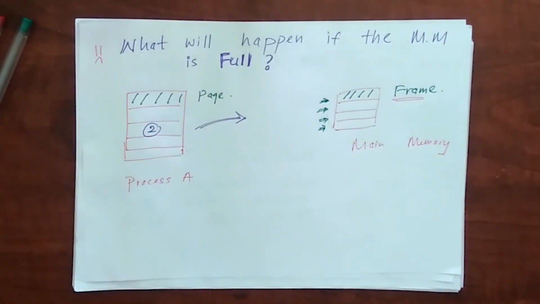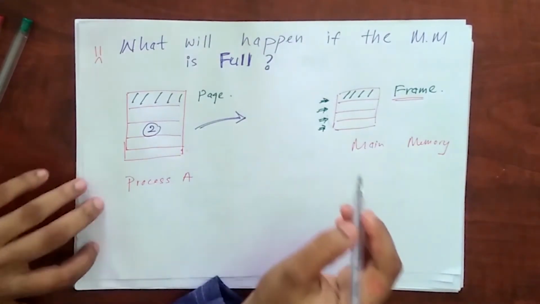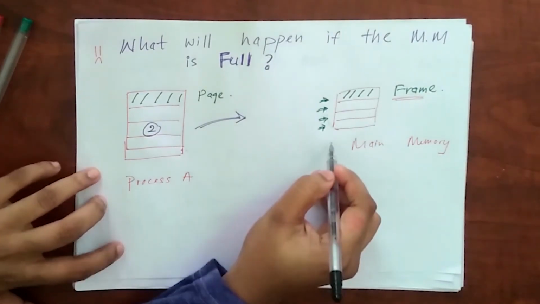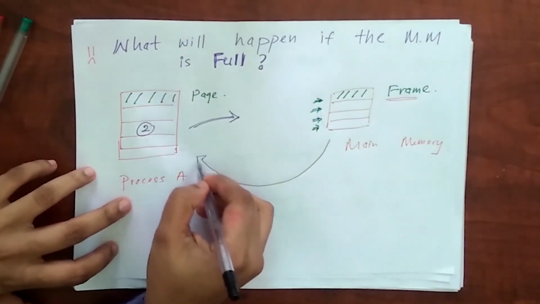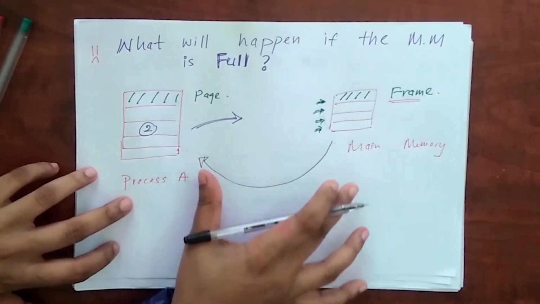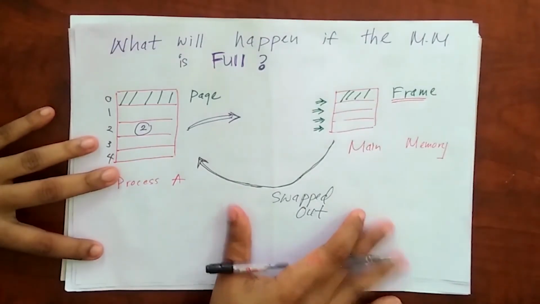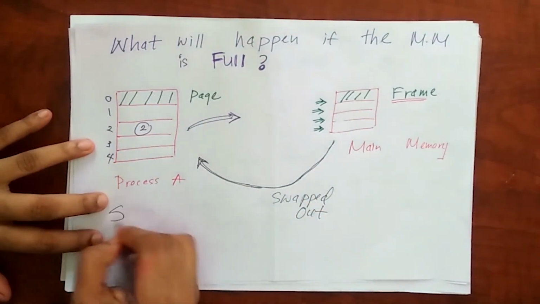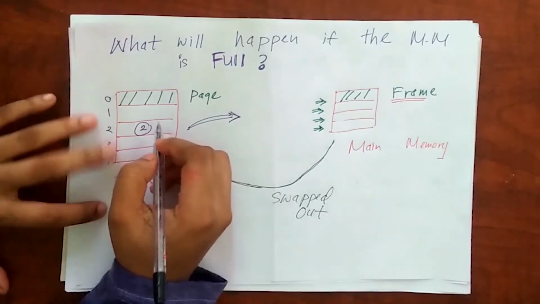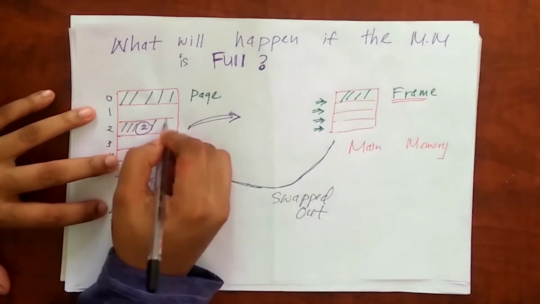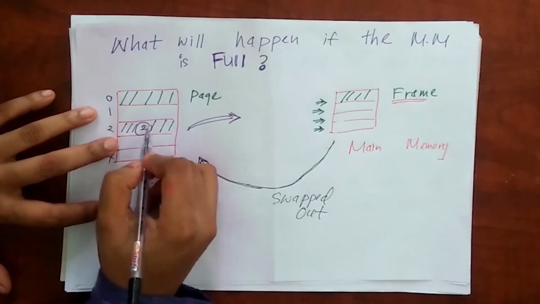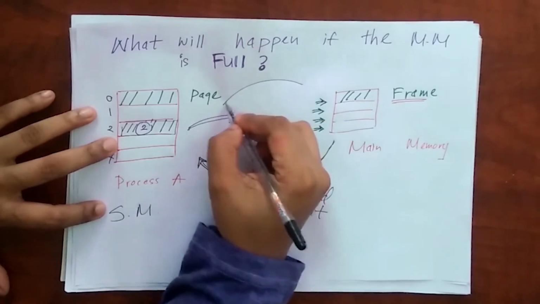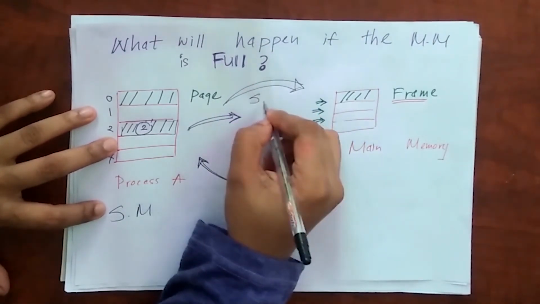In such a situation, there are pages in the frames, so some page will be swapped out. I'll explain that word later. Some page will be swapped out to the secondary memory, and the particular page which is required by the CPU, here it is page 2, will be swapped into the main memory.